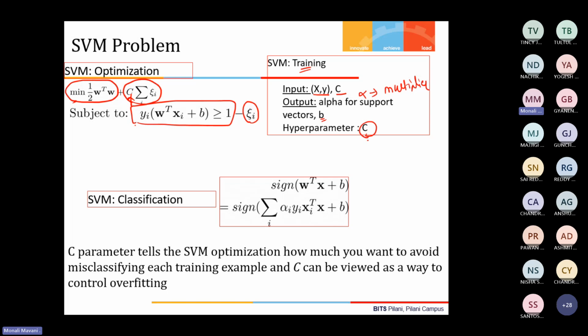And here the hyperparameter is C. Once we train the model, which tries to optimize this objective function, we can use it for inference using our hypothesis function, which is a sign function of W transpose X. And rather than W, we can use alpha i yi xi. This is what we have seen in the last class. This is the soft margin SVM.